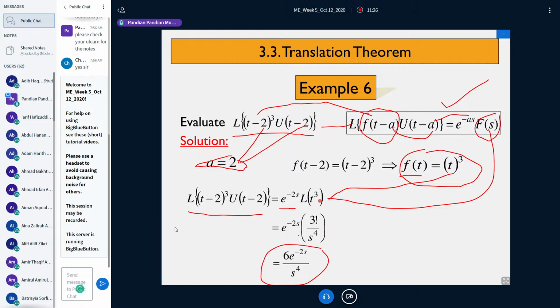Any question, class? Yes, Chair. Any question in this example 6? Wang Chen, Wen Kan, Yong, I'm waiting for you. Any question, class?